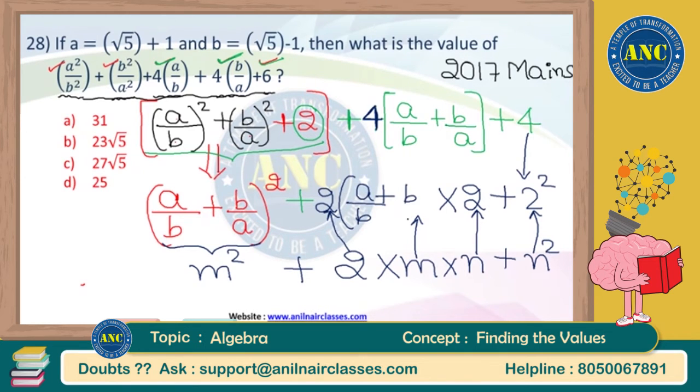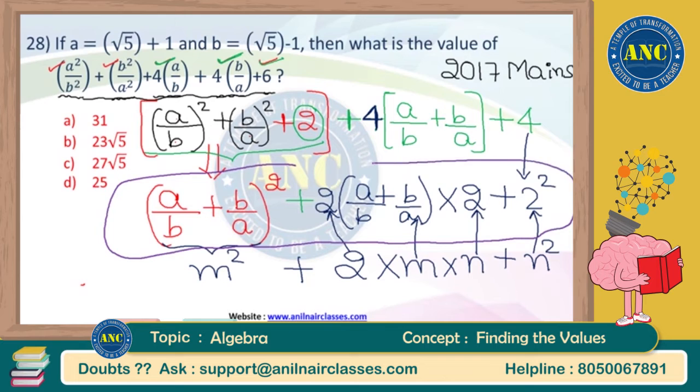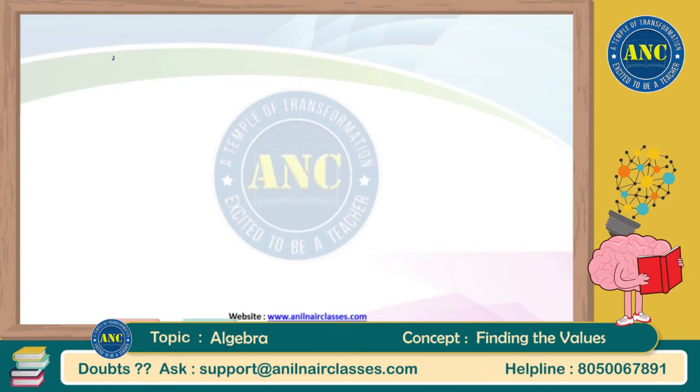That means this entire expression can I write like this, sir? This is how beautifully I want you people to analyze. This entire expression can be written as m plus n whole square, where m is nothing but a by b plus b by a, n is nothing but 2. So in simple, m plus n whole square, m is a by b plus b by a, and n is nothing but 2.